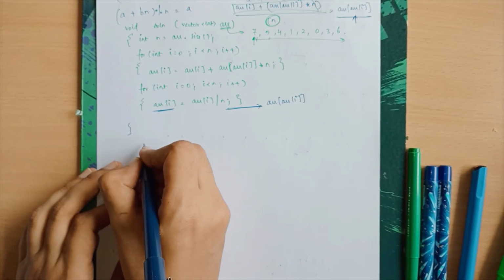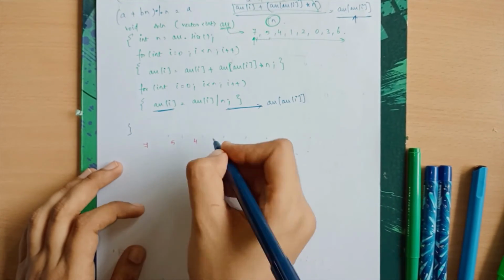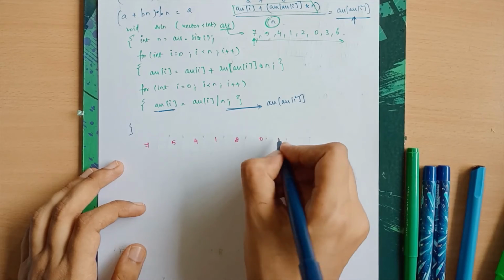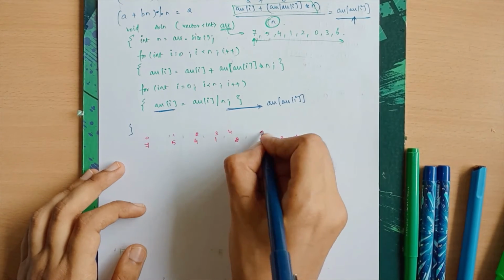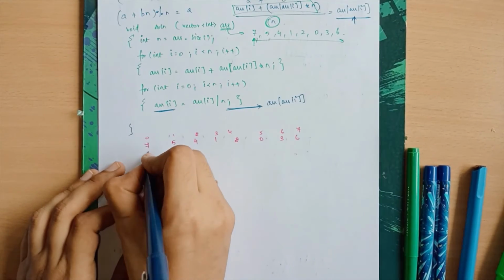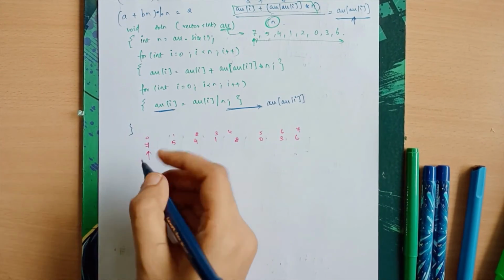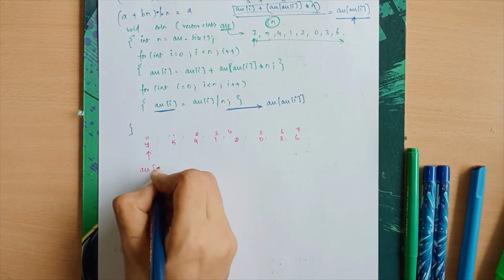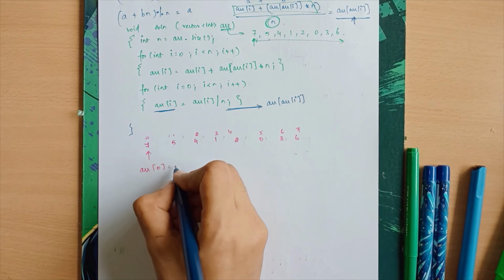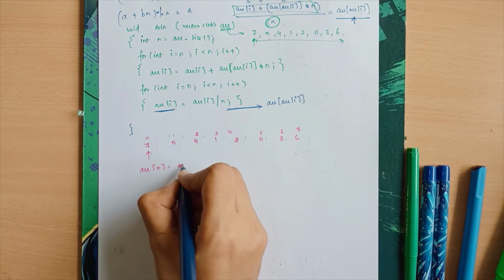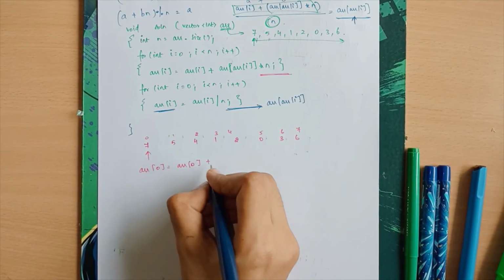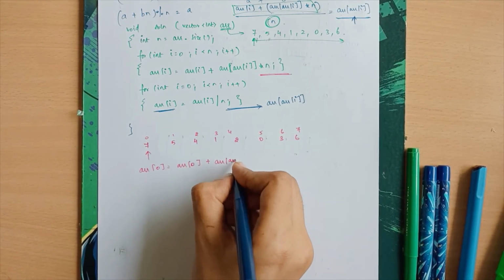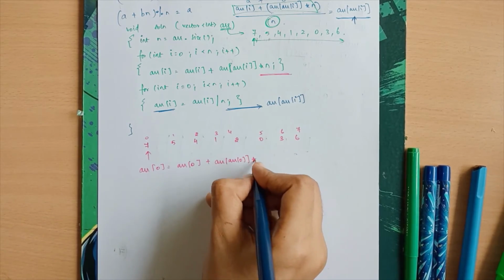So this is my original array, 7 5 4 1 2 0 3 6. I'm going to start from the very first element. Array of 0 is set to array of 0 plus array of 0 into n.